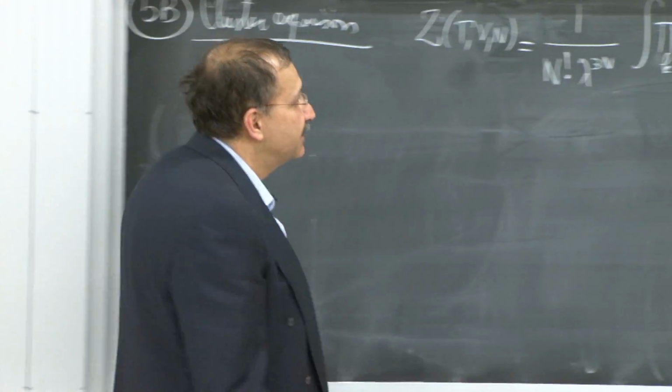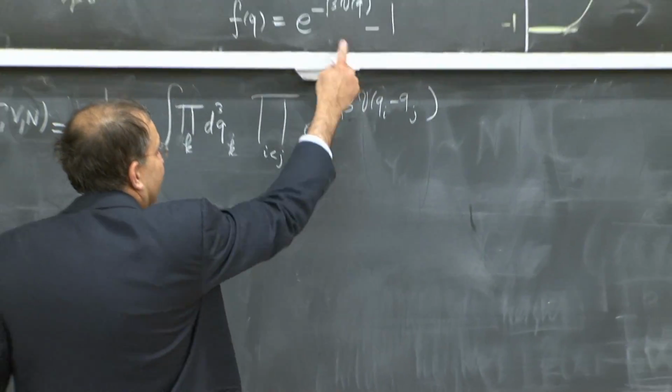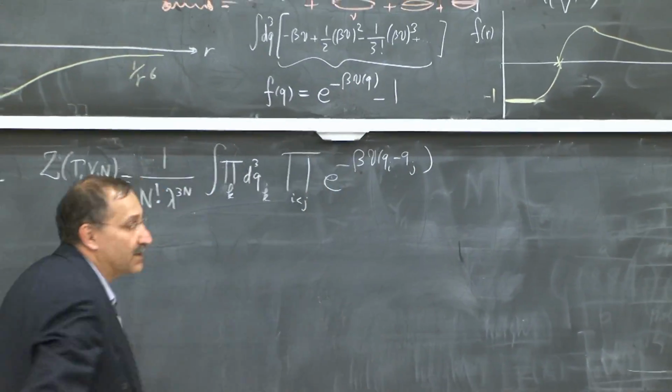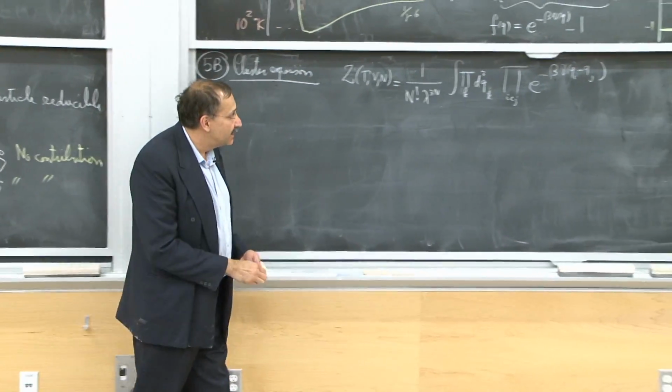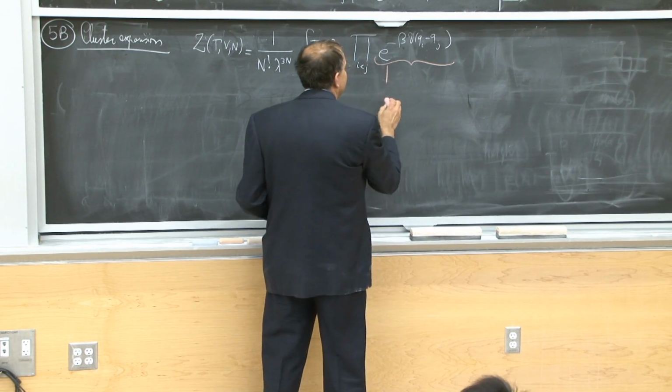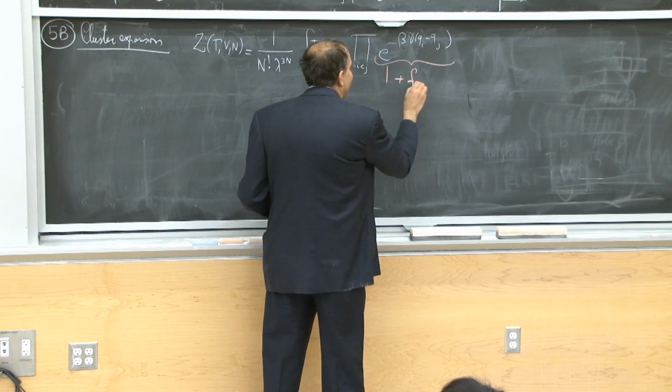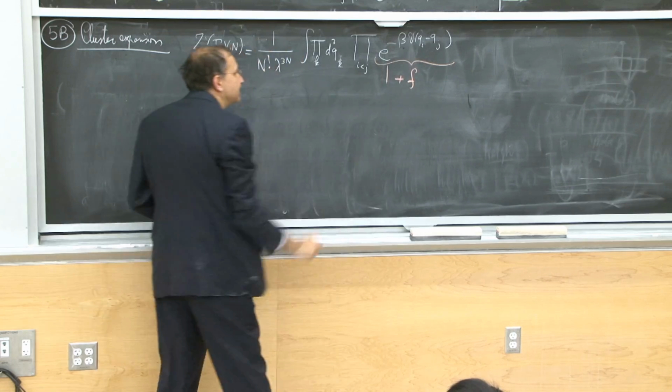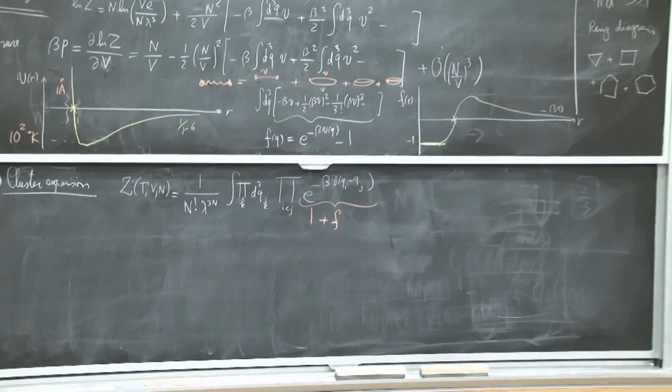Now, this quantity, I have it in the line above. This is also a relative position. Clearly, I can think of this as 1 plus the f that would correspond to the distance between qi and qj.